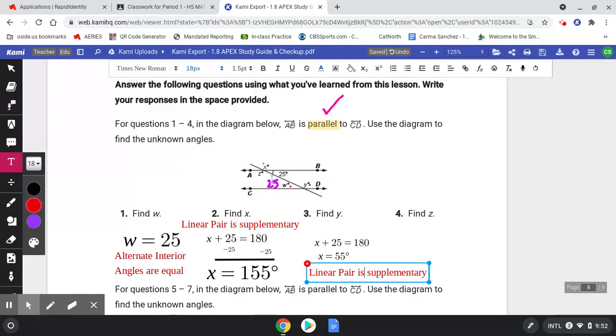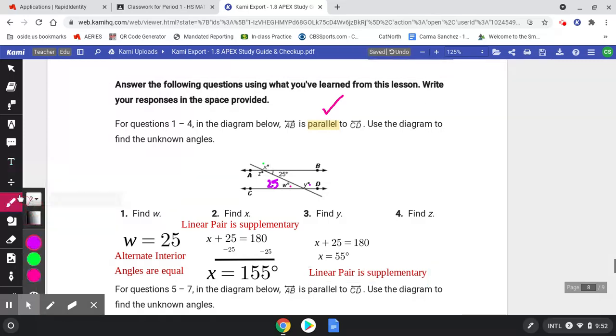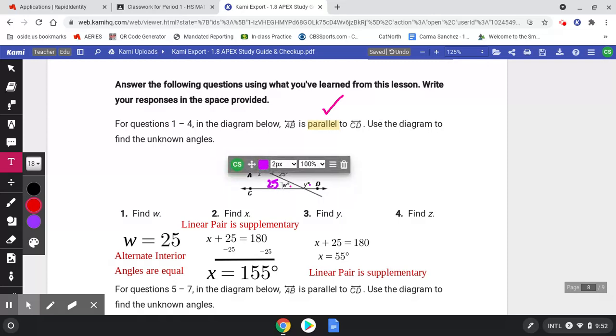All right, let's find Z, the last one. Z is a vertical angle to X, but Z is also a same side interior to the 25, to W. So you could do this either way.